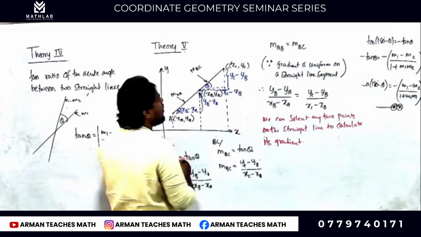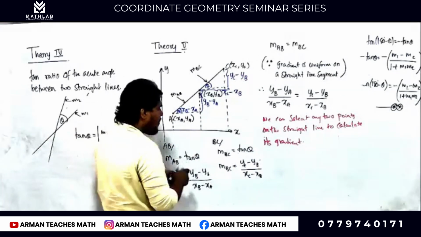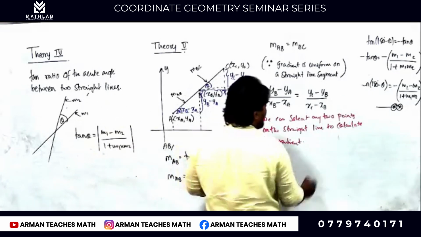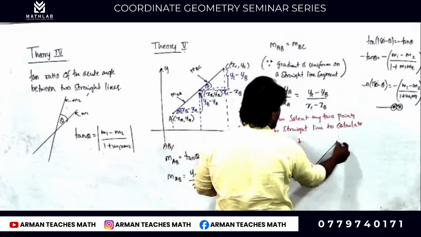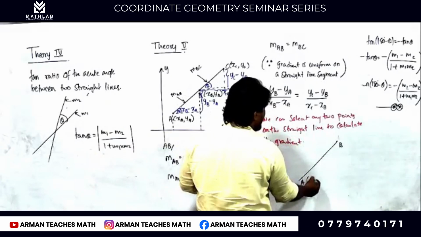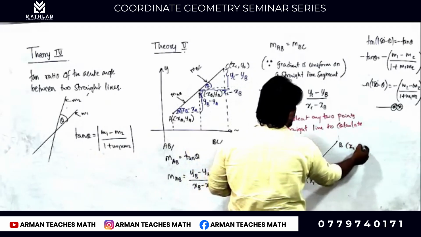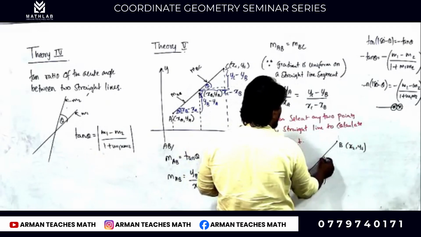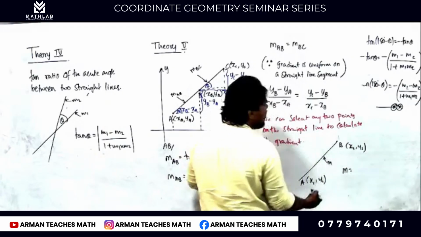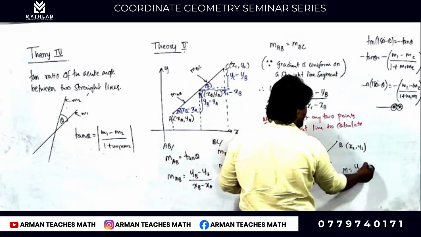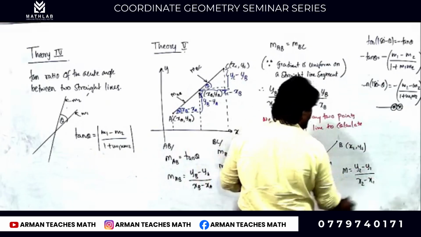So gradient is going to be a constant throughout a straight line segment. As a summary, if you want to calculate the gradient of a straight line segment AB, and if you know the coordinates x1, y1 and x2, y2, gradient, usually denoted by simple m, is equal to the difference of y coordinates, y2 minus y1, over the difference of x coordinates, x2 minus x1.